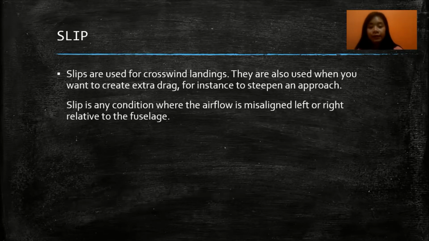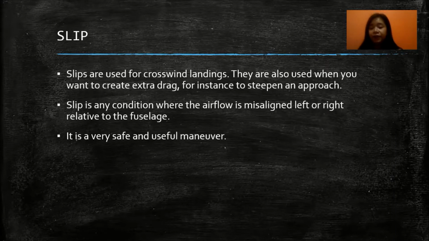So, next naman, ang slip daw is any condition where the airflow is misaligned left or right relative to the fuselage. Next is, it is very safe and useful to maneuver. According to many aircraft pilots and aerodynamically, very safe and useful yung pag-slip, lalo na kapag magla-landing.